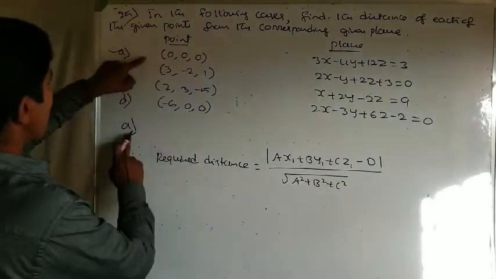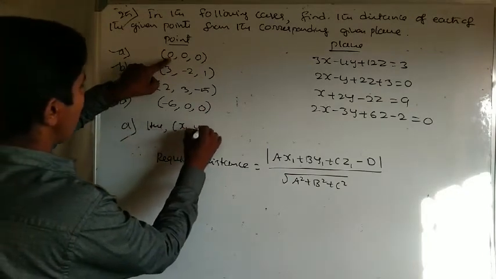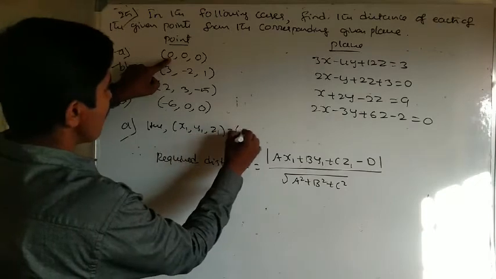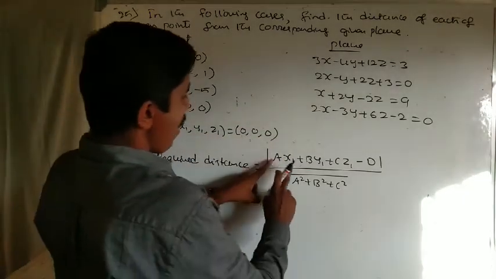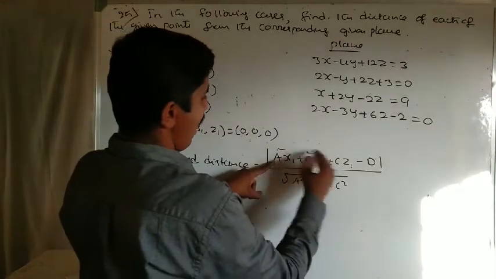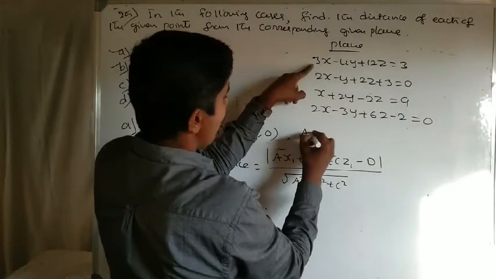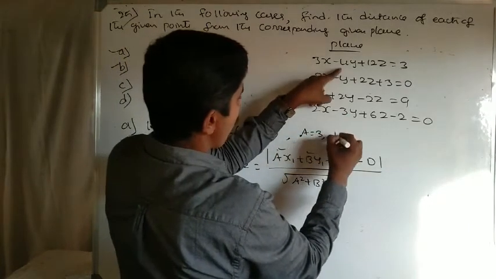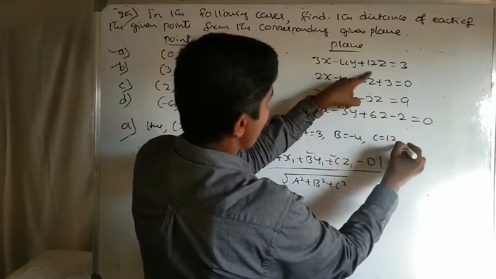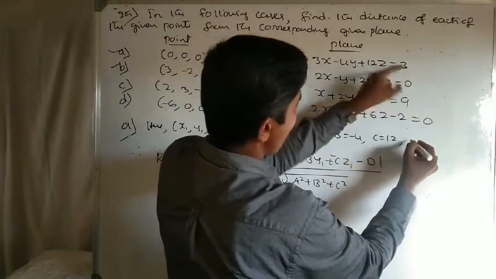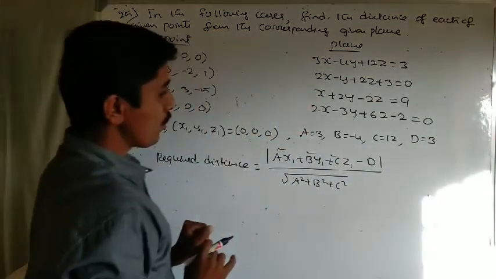Here in problem A the point is x1, y1, z1 equals (0, 0, 0). A, B, C are the direction ratios of the plane. X coefficient A is equal to 3, Y coefficient B is equal to minus 4, C is equal to 12, and D is equal to 3.